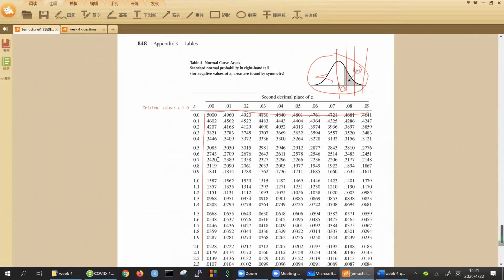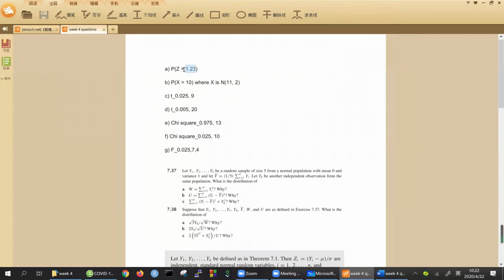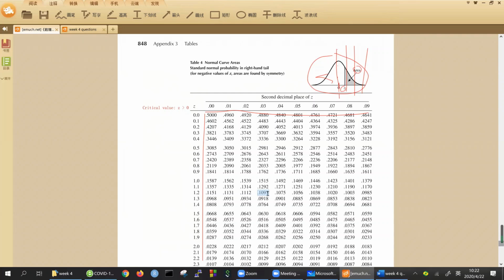So we are given the critical value 1.2 plus 0.03, which is 1.23, and then we locate this value here, 0.1093. And this is exactly the probability of greater than or equal to 1.23, the right tail probability. We are indeed looking for the right tail probability, so the answer is just 0.1093. So about 0.1 probability, 1 in 10.